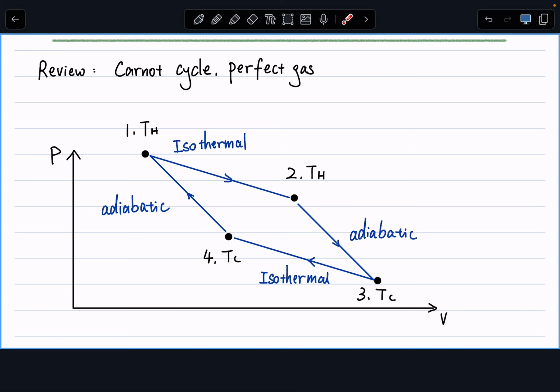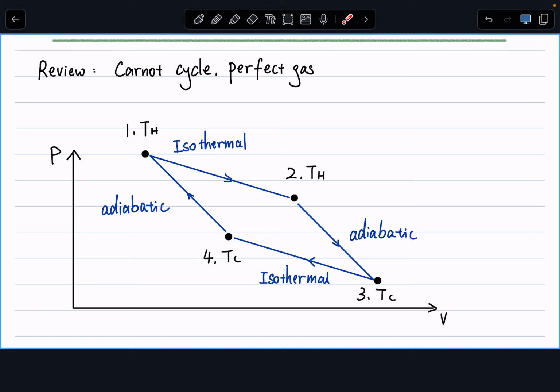We went over the derivation of this figure. The first step is isothermal expansion. Imagine we have an ideal gas. For isothermal expansion, my temperature remains the same. It's an expansion, so the system is doing work on the surroundings, volume goes up, and in that process W is negative, Q is positive, and we plot it where volume goes up, pressure goes down.